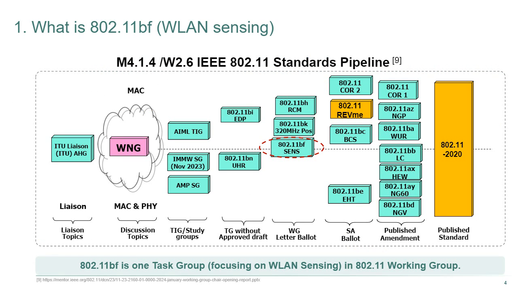In this slide, we show the big picture of the IEEE 802.11 standard pipeline. We have different phases for standards in IEEE 802.11. We will have liaison topics and discussion topics which bring new ideas or new topics into the standard, and then we might form a topic interest group or study group.